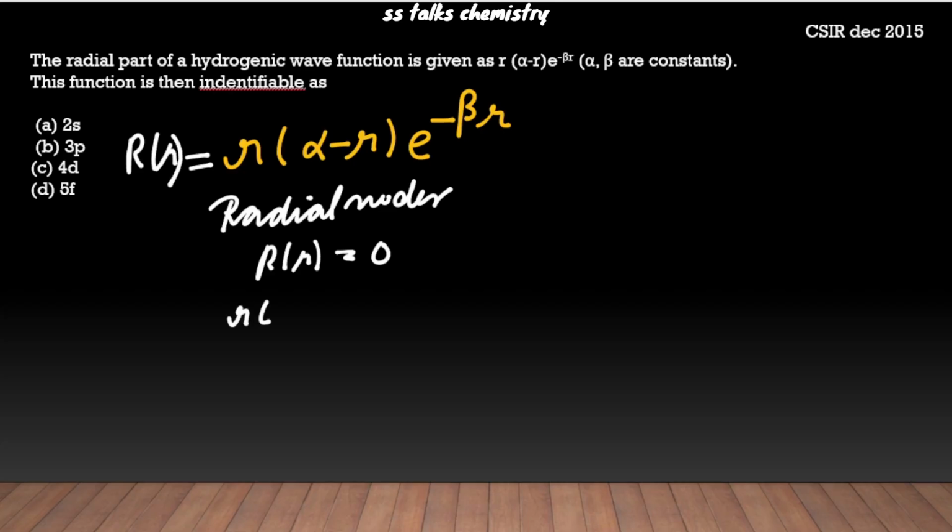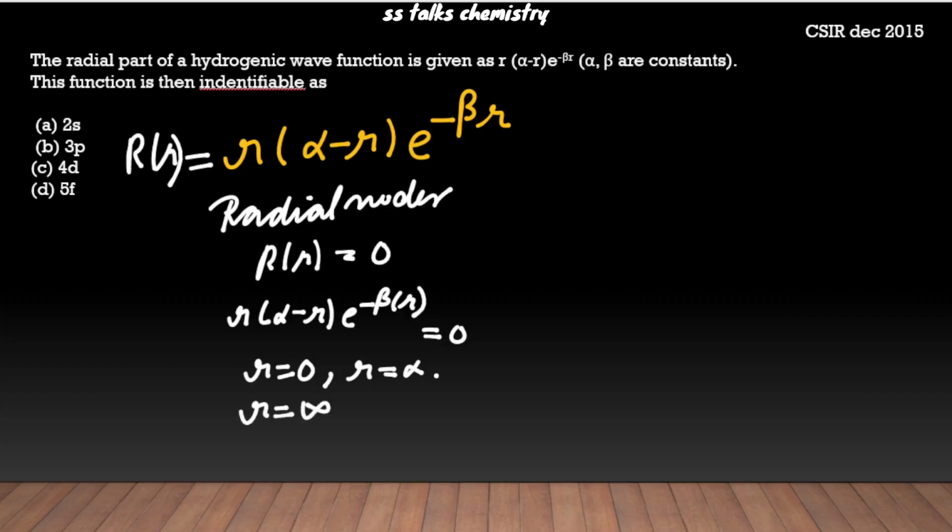So r(α − r)e^(−βr) is going to be 0 if we equate r to 0, or r equal to α, and the third value is r equal to infinity.